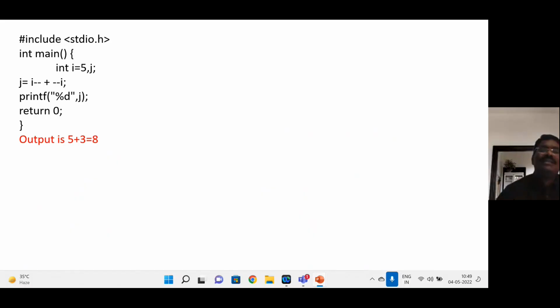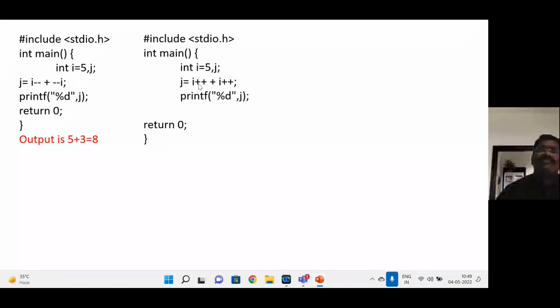The same thing, but here I am using post-increment. j is equal to i++ + i++.